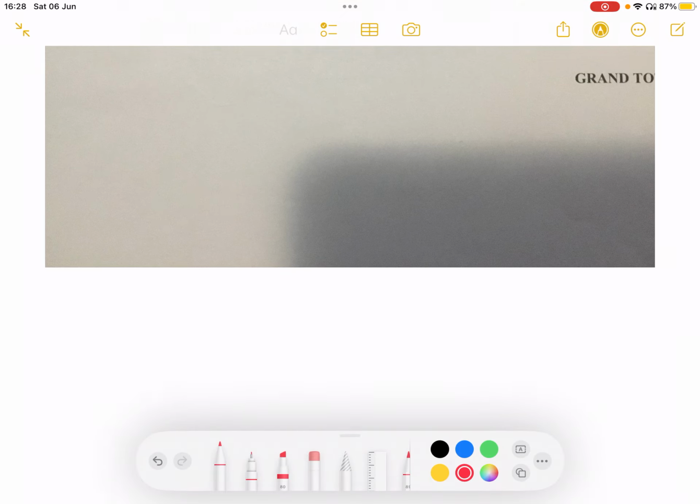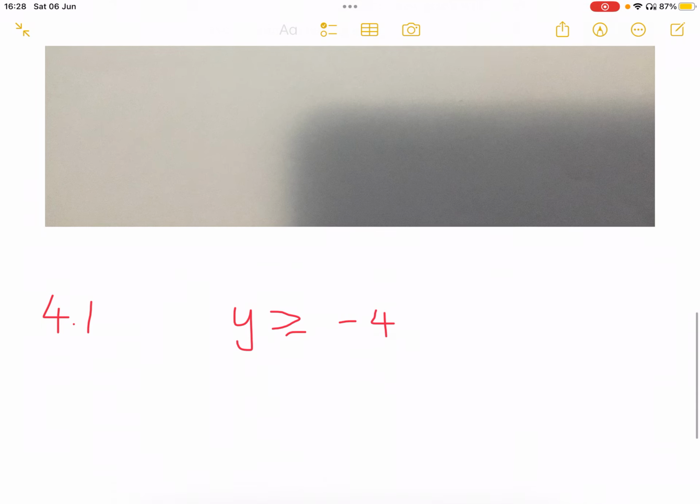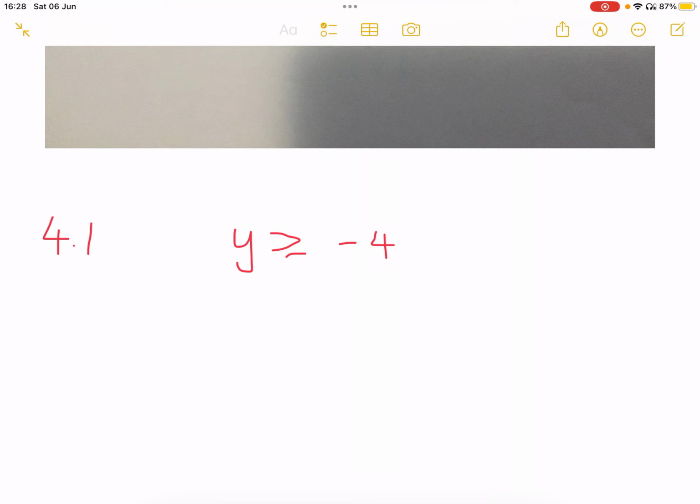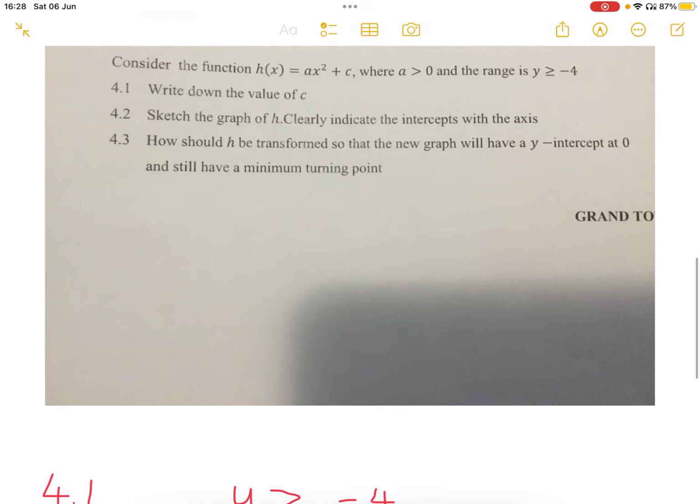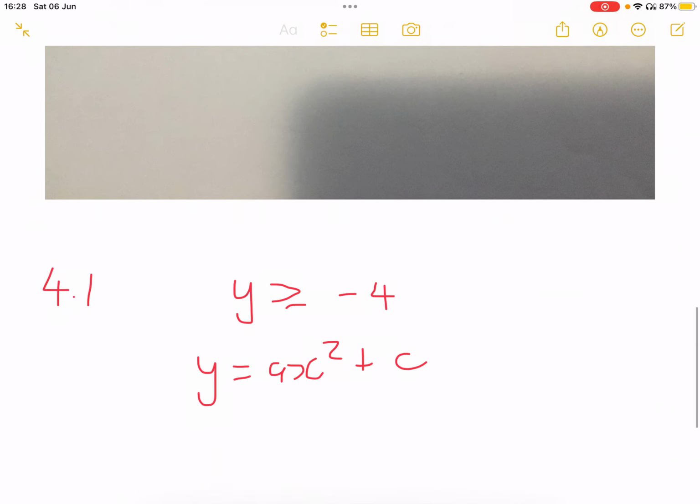So as it is given, now this is 4.1, we're given that y is greater or equal to -4, which means this graph starts from -4 and goes all the way upwards, or -4 is its turning point. So therefore, if you want c from y is equal to ax squared plus c, as given in the question, c would be -4.